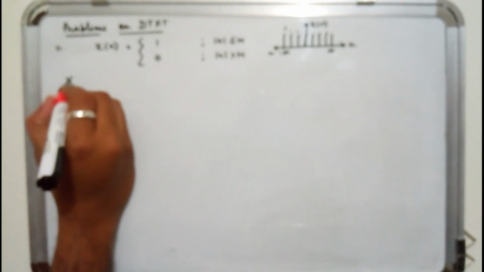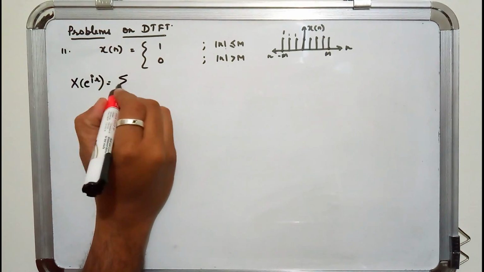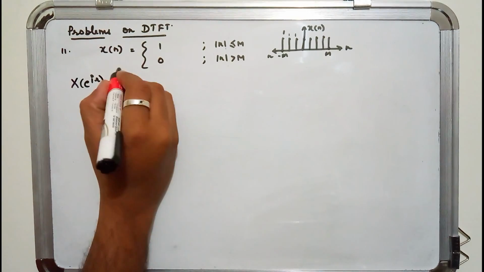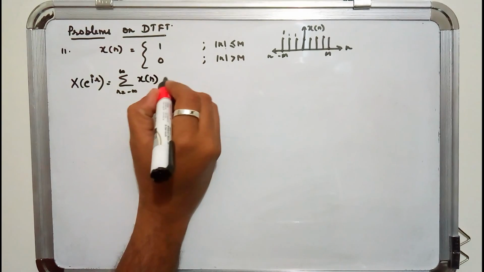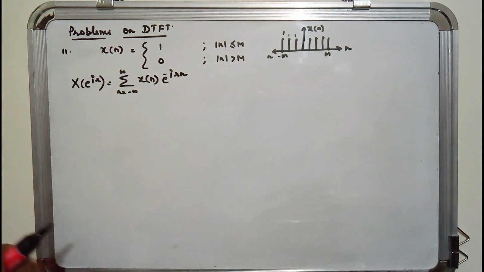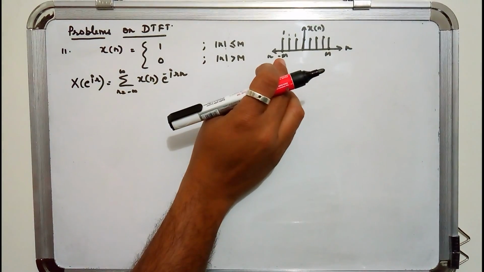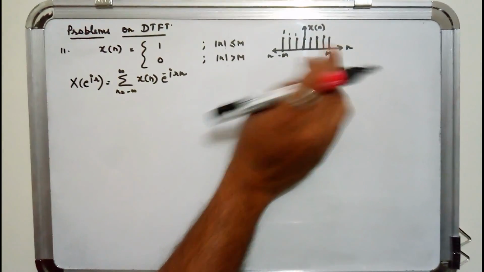So I need to find DTFT of this. X of e power j omega is n is equal to -infinity to infinity x of n e power minus j omega n from the basics. Now where is my x of n valid? It is present only between minus m to plus m, right?